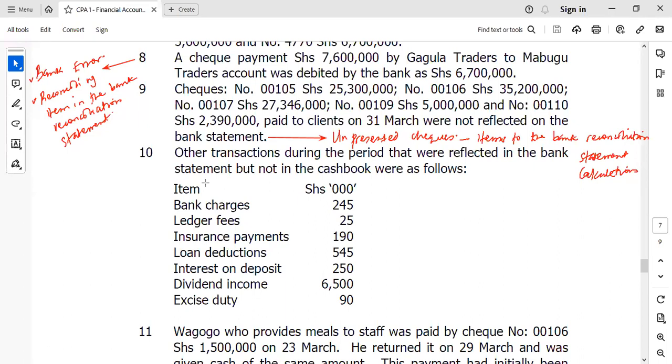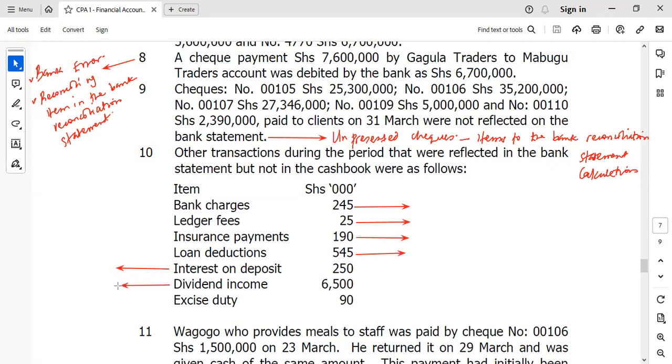So we have some more transactions that were captured on the bank statement, but not yet in the cash book. So when you're updating your cash book, you have to enter all these items. Bank charges, that's a direct debit. Ledger fees, direct debit. Insurance payments, direct debit. Loan reduction, direct debit. Deposit on interest was a direct credit, so you have to debit your cash book.